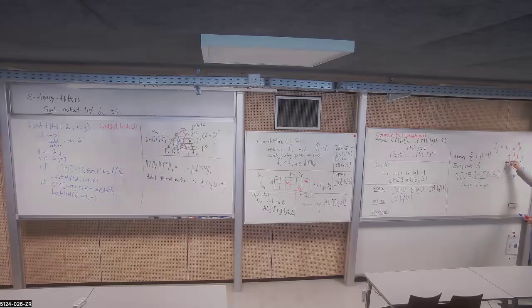So here's some light node V. What can we say about the probability that we visit V? V is light, meaning its frequency is less than epsilon half times the 1 norm. What has to happen for us to visit this node? How could we end up visiting this node?